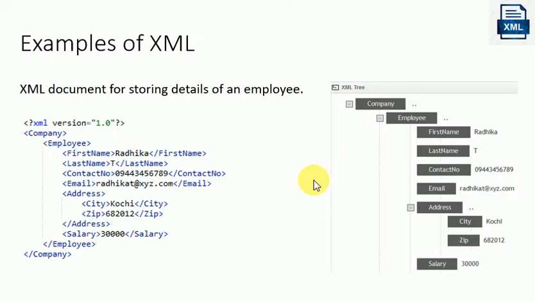Now when we think of an employee, we have his name, his contact details, etc. So I have created several user-defined tags such as first name, last name, contact number, email, etc. So an XML document begins with the XML version equal to the version number.